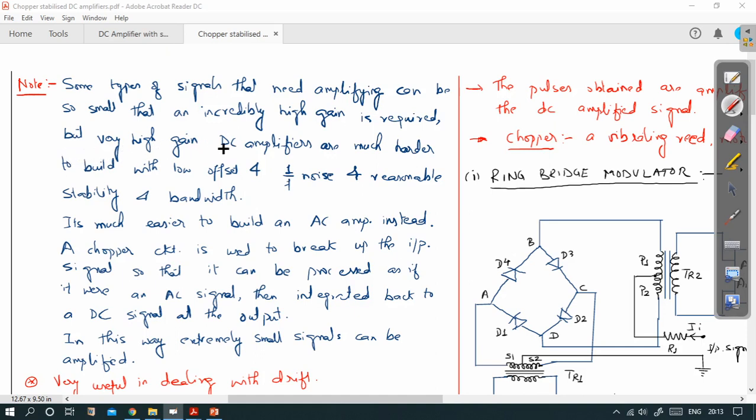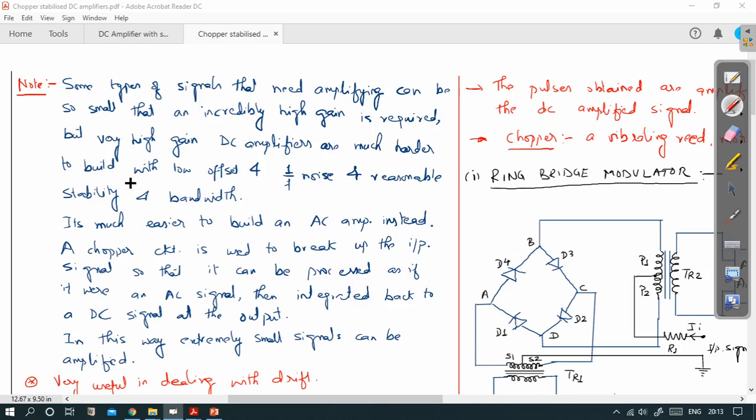But very high gain DC amplifiers are much harder to build with low offset and 1/f noise, which is actually pink noise, and reasonable stability and bandwidth. We can build DC amplifiers that will provide very high gain, but the point is that they are pretty hard to build, since just building is not enough.